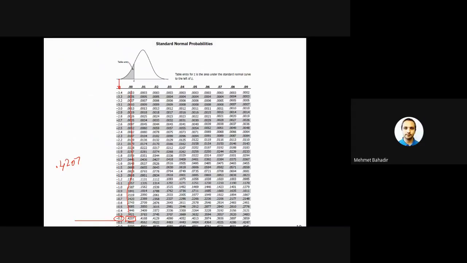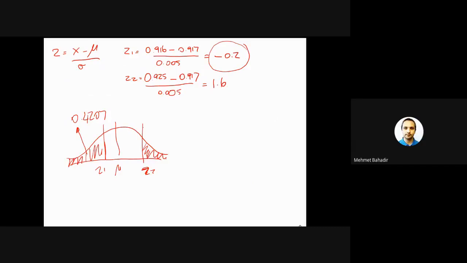It's not calculating the area on the right side of a certain value. So what I need to do is subtract. First, I'm going to find the area on this side up to this point and subtract it from 1, because the total area under that curve is 1, and it will give me the area in this small region.